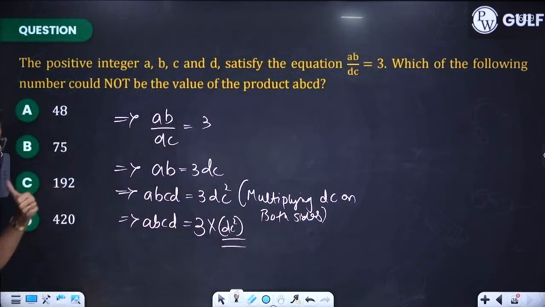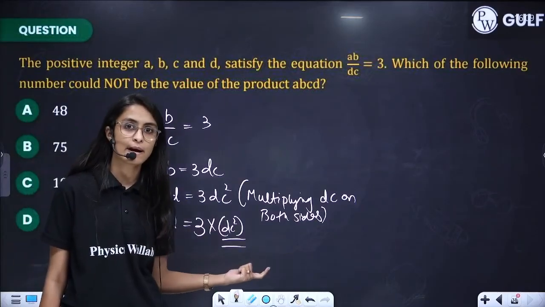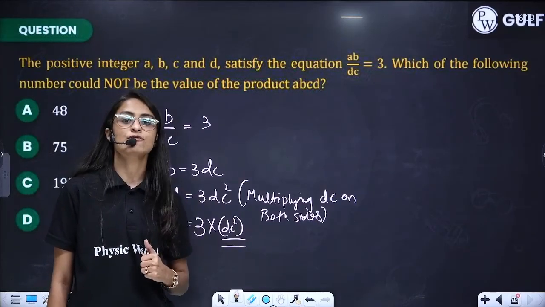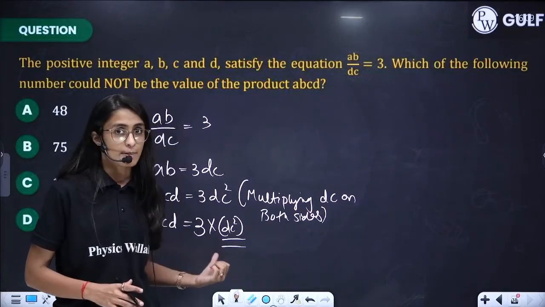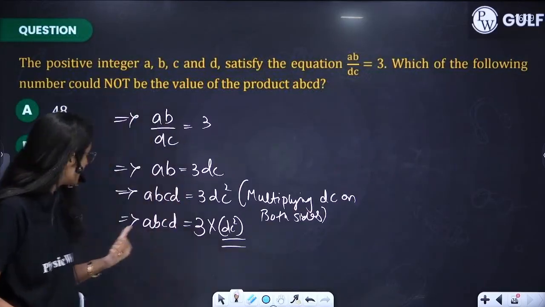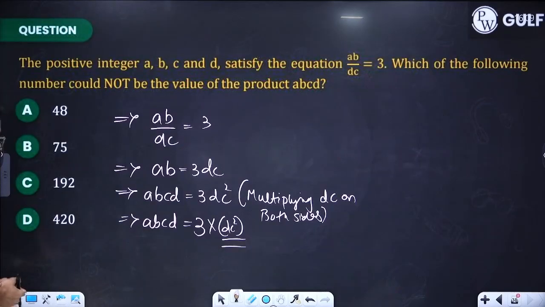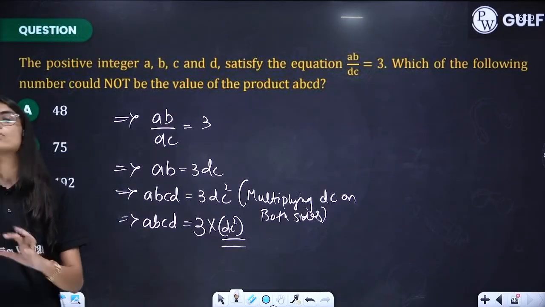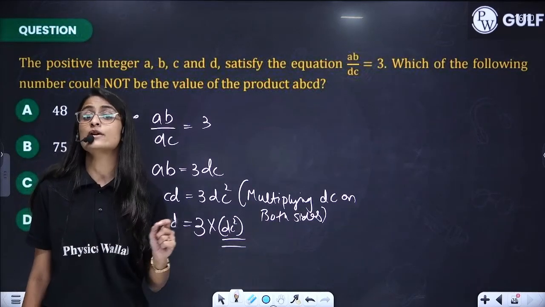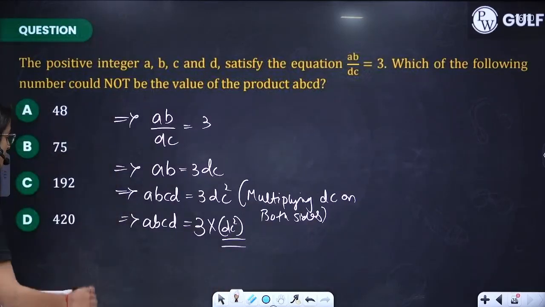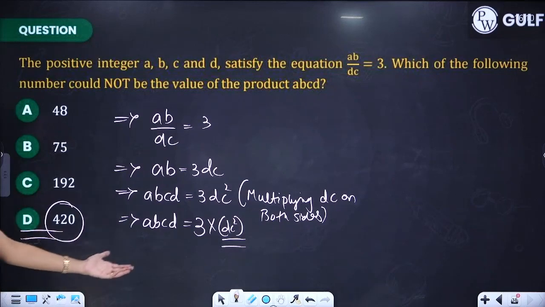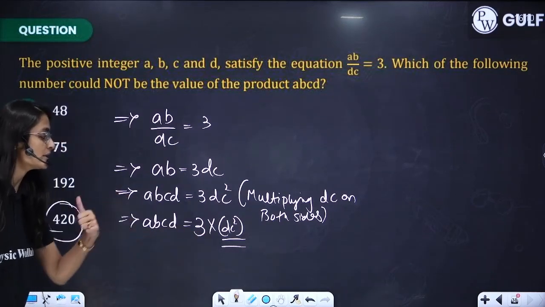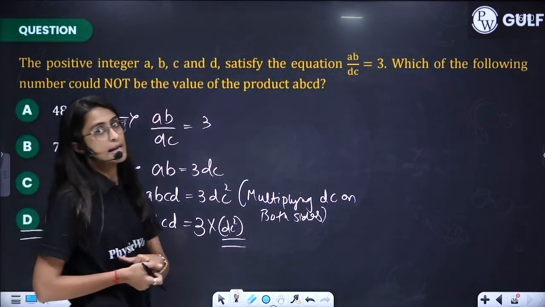If you see 192, divide it by 3, you get 64. So 3 multiplied by 8 square is equal to abcd, or 192. But your last option 420, if you divide it by 3, you get 140, which is not a perfect square. So our option D does not satisfy abcd equals 3 into dc square.